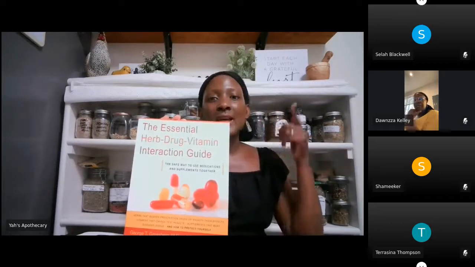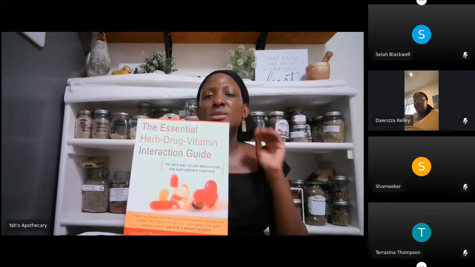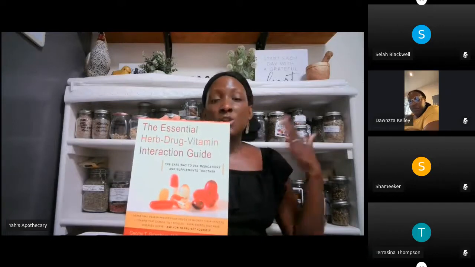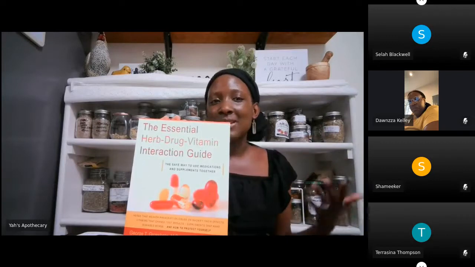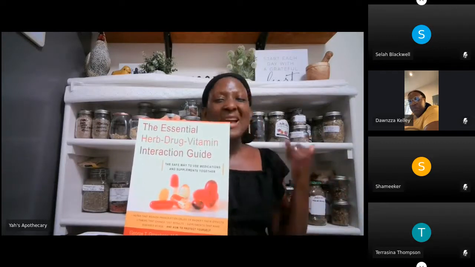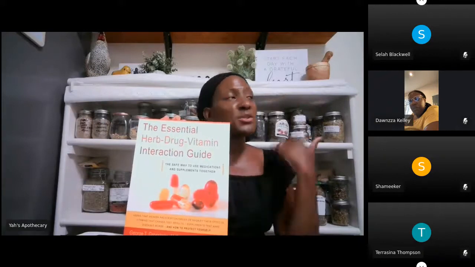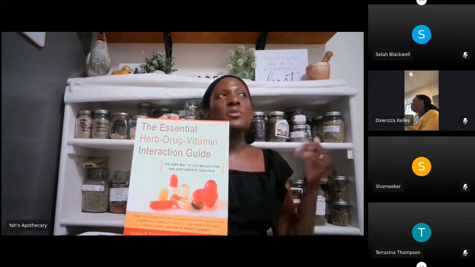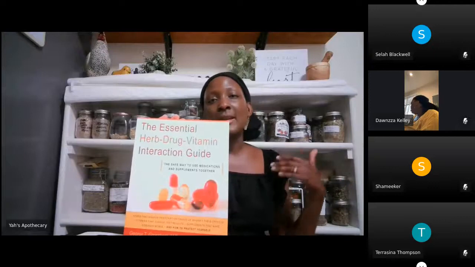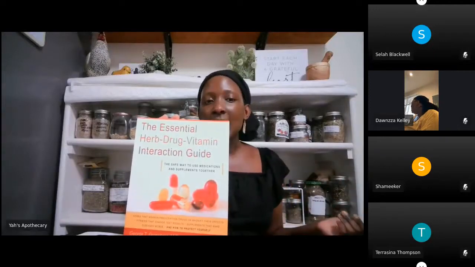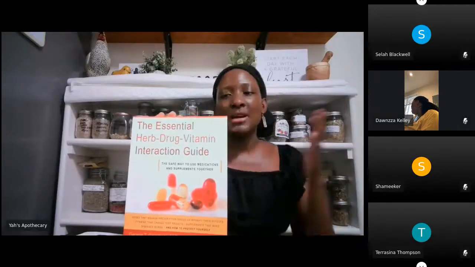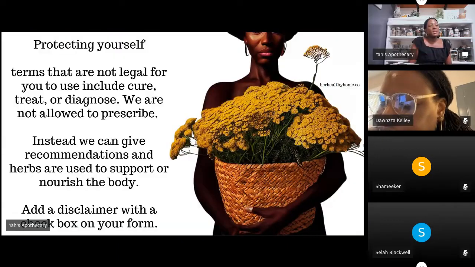So that's one thing this book is able to show the people that you're working with: you think that it's really helping you, but it's not healing you. And it actually does all of this after you take it for a long time. So it's actually leaching zinc from you, or it's leaching this from you. And guess what? Now you have another drug you're taking, or you have a new problem because of this. So, protecting yourself.